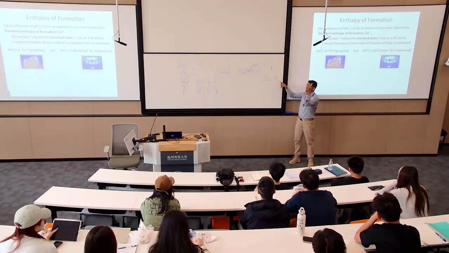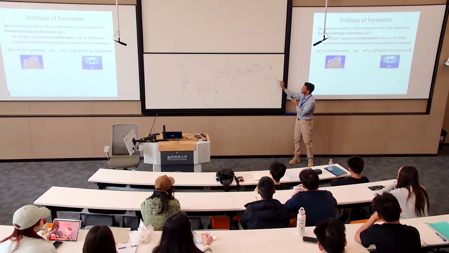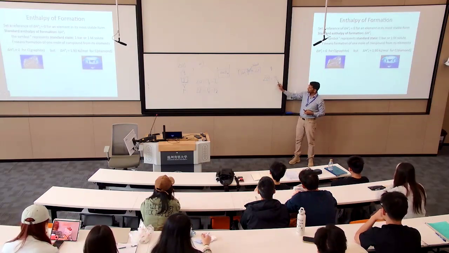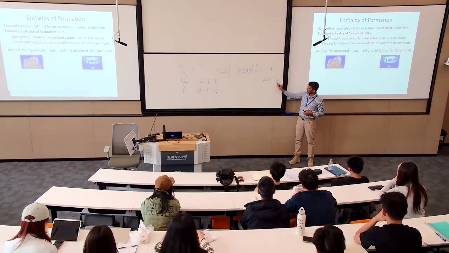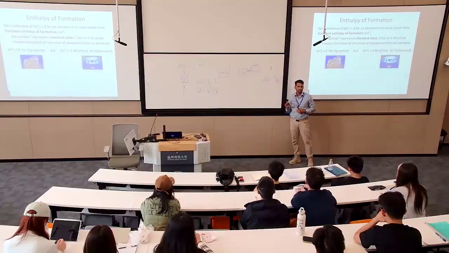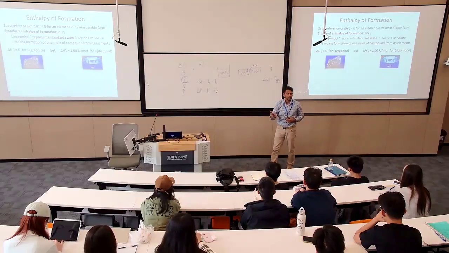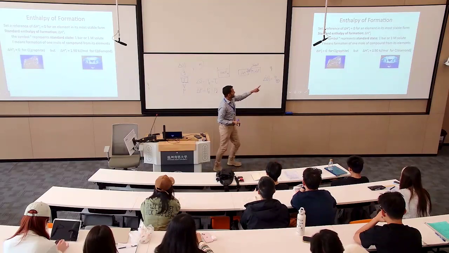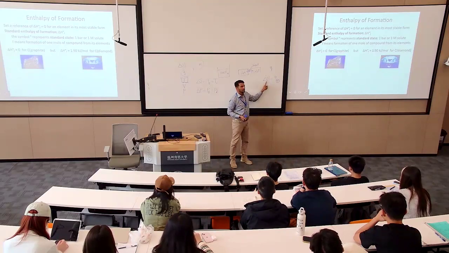When we apply a condition on it, it becomes a state function. Any process which takes place at constant pressure, the heat involved becomes a state function. It does not depend upon path. It depends upon the state.